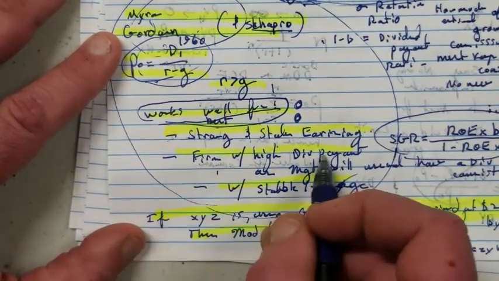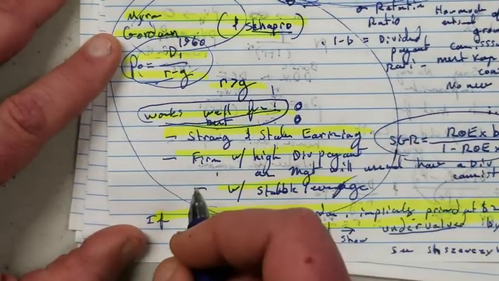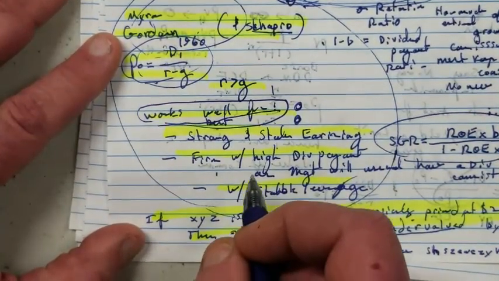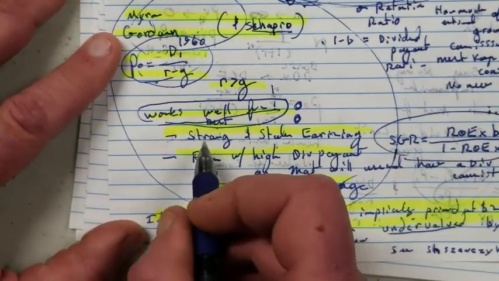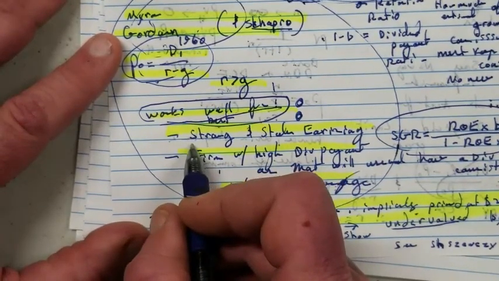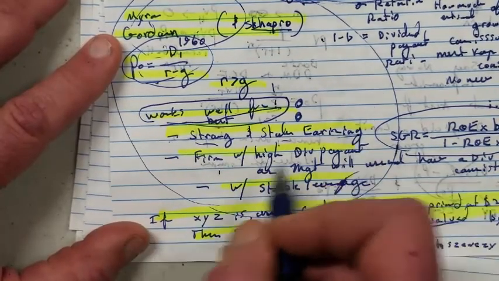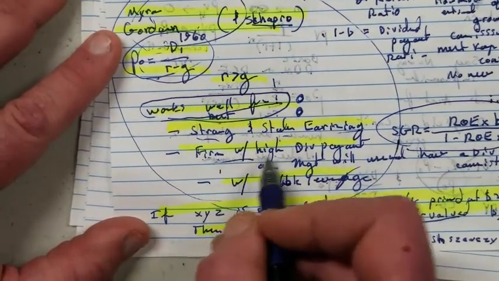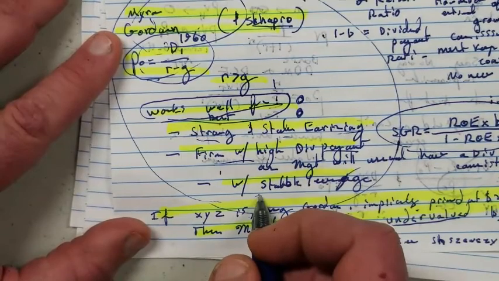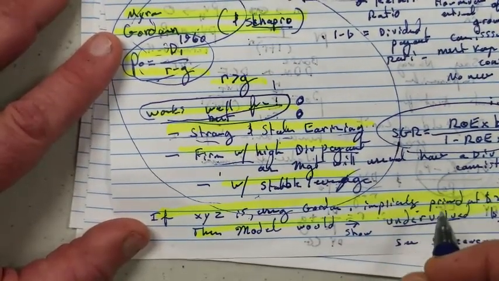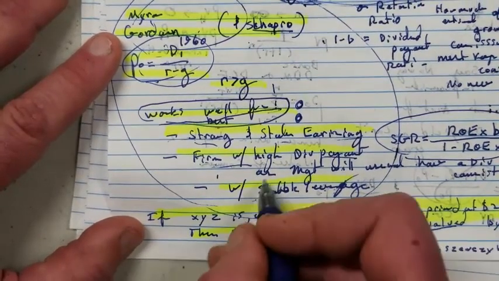So you're going to be able to evaluate and say whether it's undervalued or overvalued, using the model to get its implicit value. And you want to apply it within a company that's got strong and stable earnings, a firm with high dividend payout, because management tends to want to keep those dividends going out, okay?